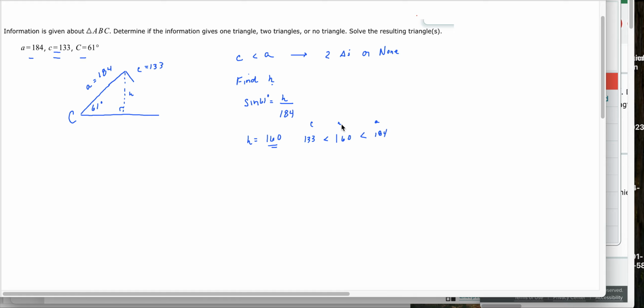Since H, my height, is bigger than the side that I'm looking for, that side C, this tells me that side C will never make it to the other side because it's smaller. So in this case, there is no triangle.